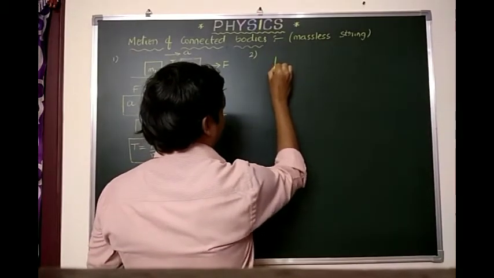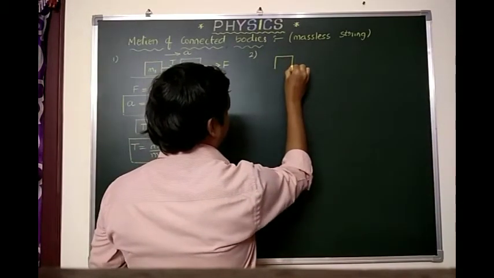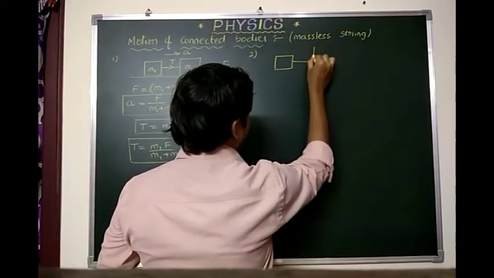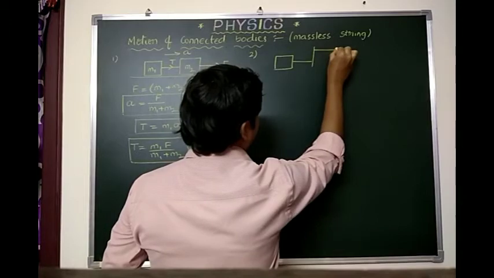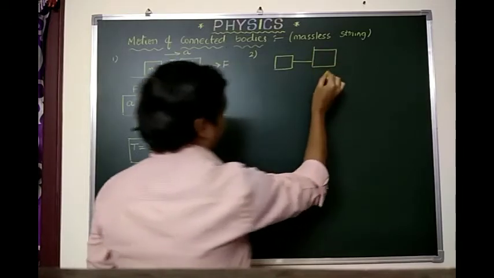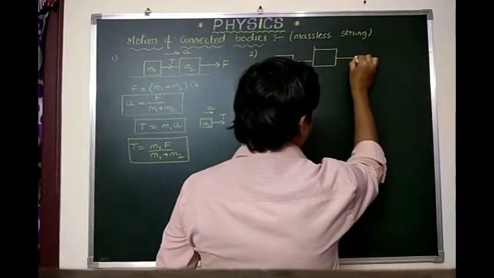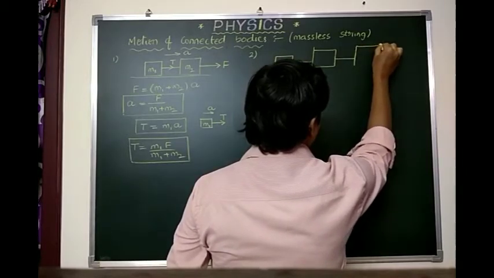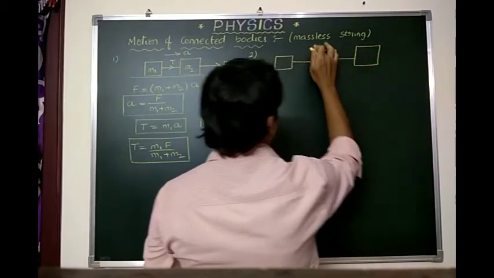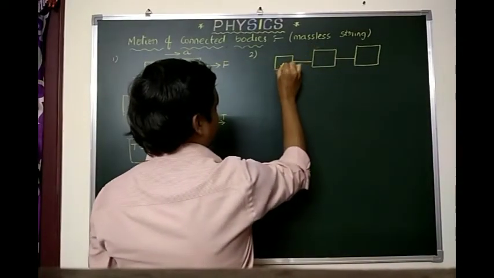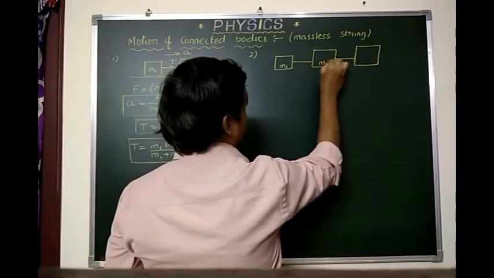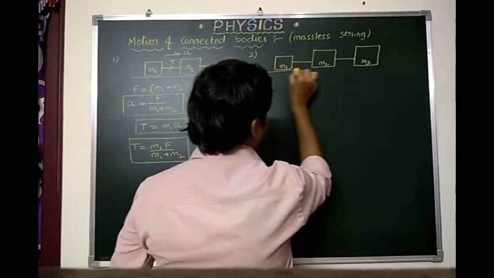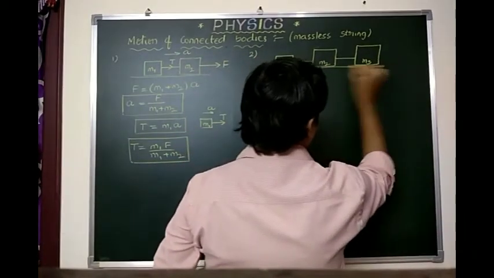Here we are taking three bodies. The first body is connected with a string, the second body is connected with one more string. Three blocks M1, M2, M3 are placed over the surface.